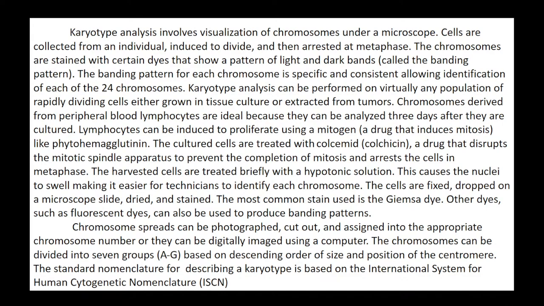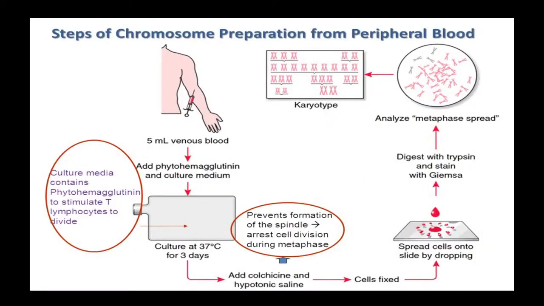The chromosomes can be divided into 7 groups from A to G based on descending order of the size and position of centromere. The standard nomenclature of describing a karyotype is based on the International System for Human Cytogenetic Nomenclature. So this is the procedure of karyotype analysis. You can see the main steps of this analysis.